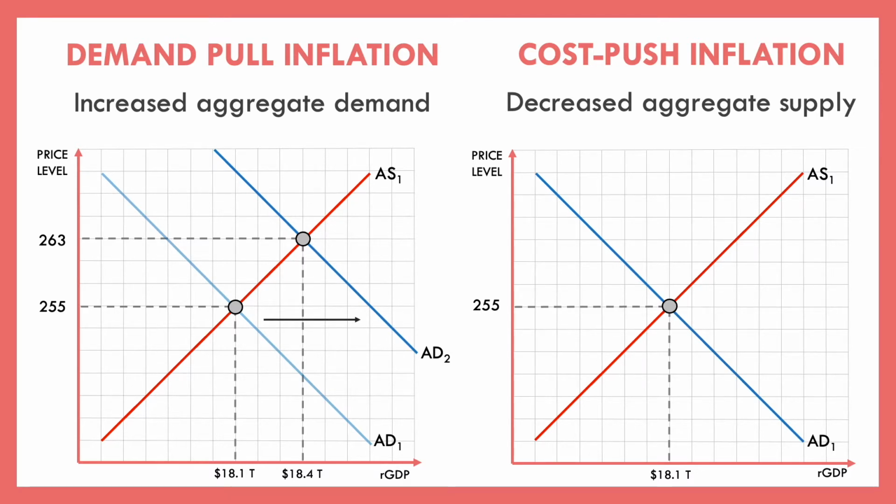So maybe the cost of oil does go up, and that impacts the production of all sorts of plastics and all sorts of transportation and things like that. And so we see a decrease in our aggregate supply curve. Well, at our new equilibrium, our price level has also gone up. So both of these things have caused inflation to occur. Demand pull and cost push are both these shifts of either demand or supply that cause an increase in prices.